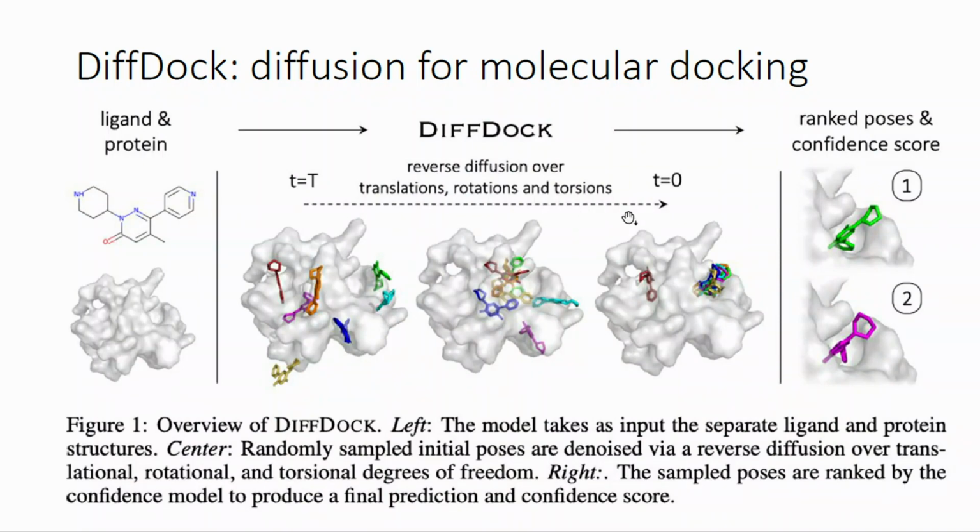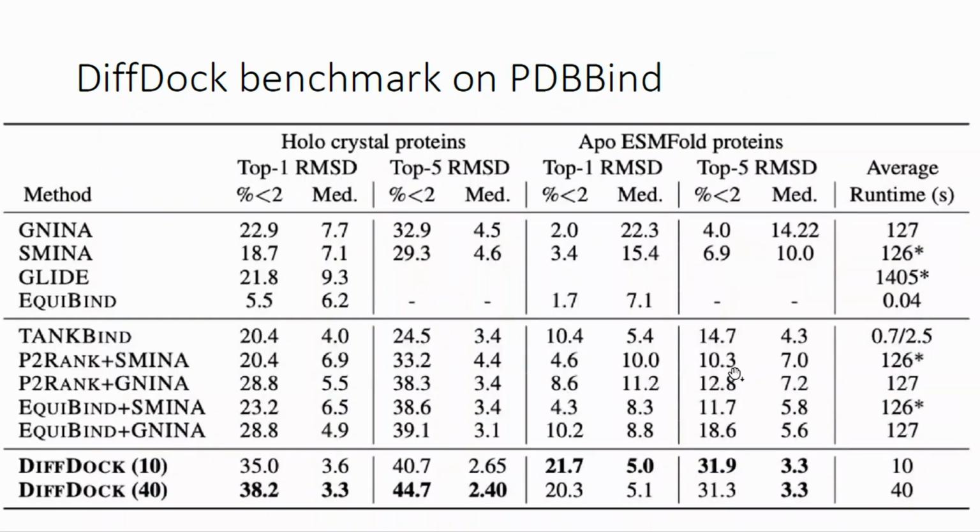So DiffDock proved to be very robust, and it's giving much better results on the PDBBind data set, which is a commonly used data set for small molecule protein-ligand docking.